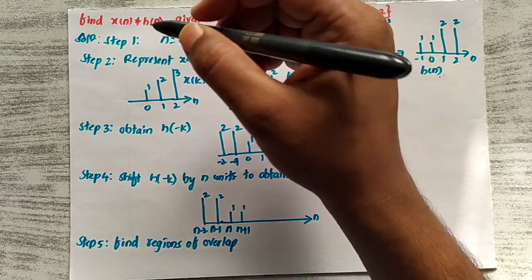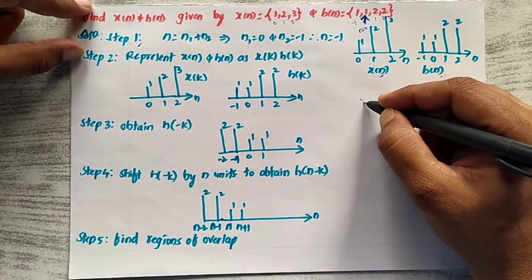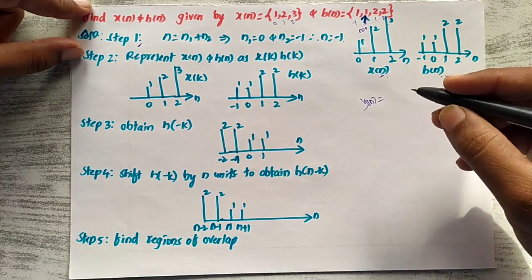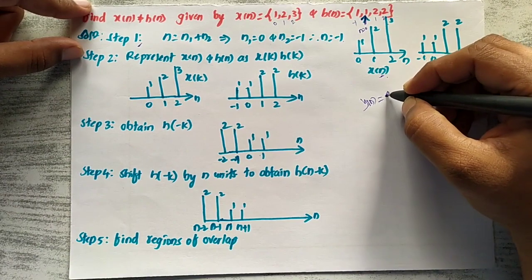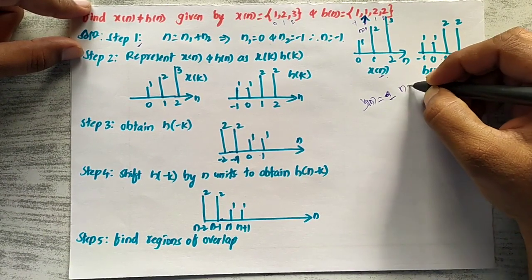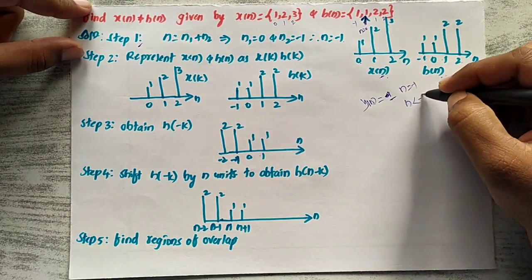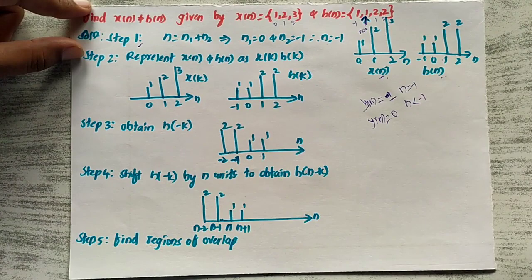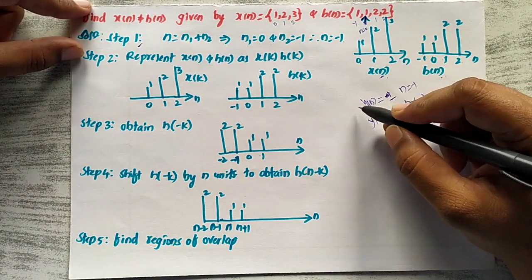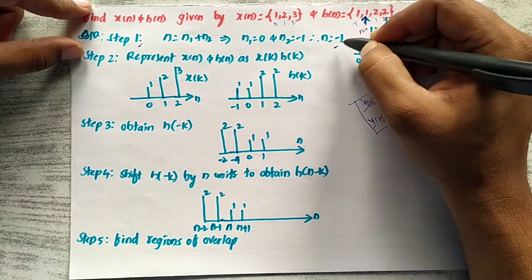So with respect to this we have verified that our y of n will have some value for n equal to minus 1. So for n less than minus 1, y of n equals 0. Please understand this one. That's our understanding with respect to the first step.